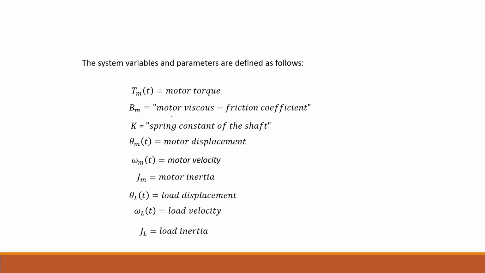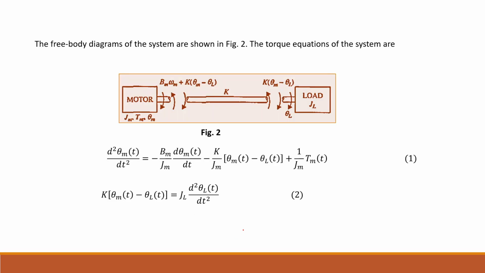Tm(t) is the motor torque, Bm is the motor viscous friction coefficient, obviously torsional. K is the spring constant of the shaft. The shaft has some torsional spring constant. Theta m(t) is the motor displacement, omega m(t) is the motor velocity, Jm is motor inertia, theta L(t) is load displacement, omega L(t) is load velocity, and JL is the load inertia.